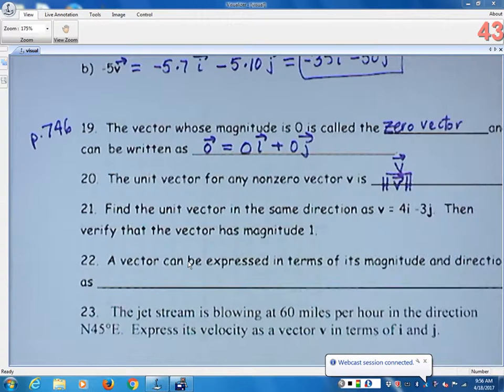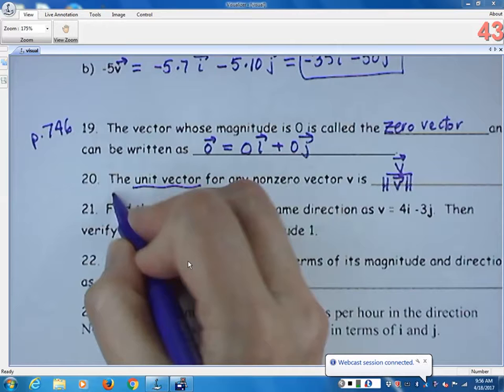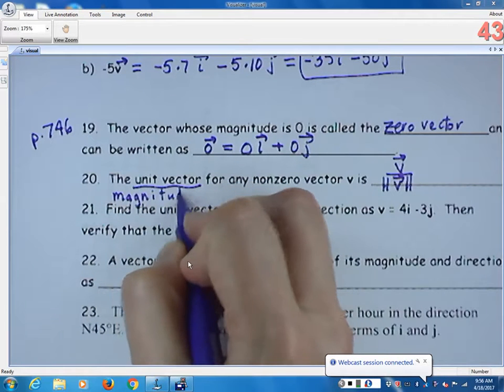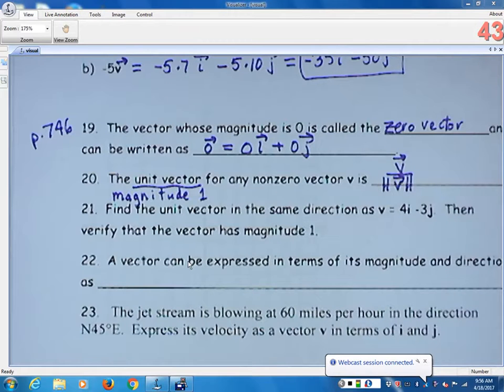So anytime you want to find a unit vector for a non-zero vector, remember a unit vector has a magnitude of 1. So when you take the vector V and divide it by its magnitude, you get a magnitude of 1.